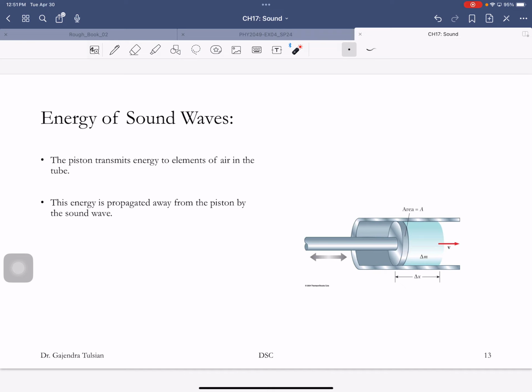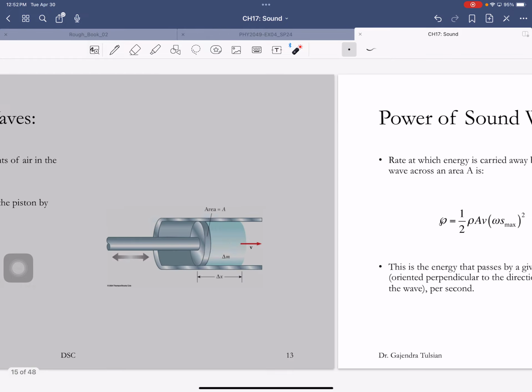So what is happening? This piston is pumping energy into the medium, and the sound wave carries the energy away. Energy is propagated away from the piston by the sound wave. As soon as you stop pumping energy, the sound wave dies, and there's no more energy being carried away.